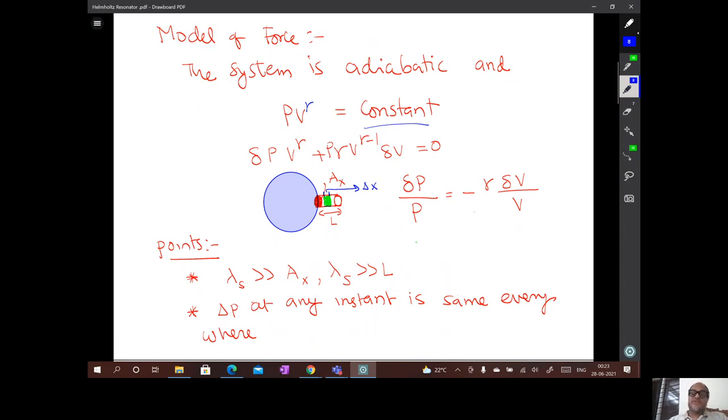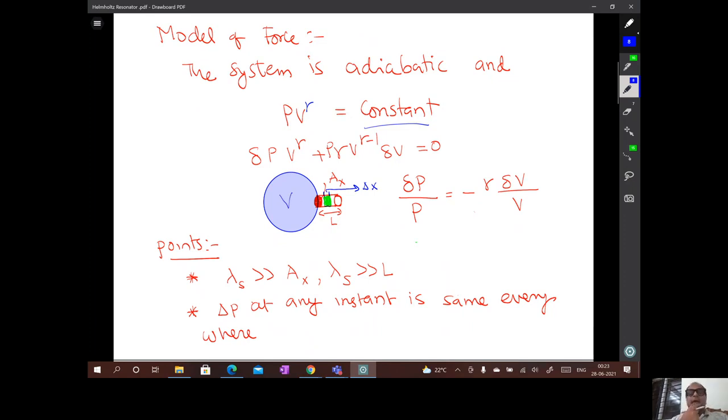I have drawn a picture here which will be more clear to you. There is a cavity here, the blue shaded is a cavity, and there is a small neck, something like the neck part of the bottle. The area of that small neck part is A suffix x, and the length of it is capital N. And the volume here refers to the volume of the blue shaded region.